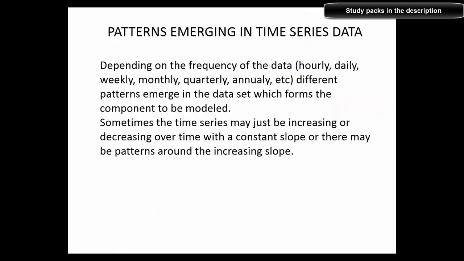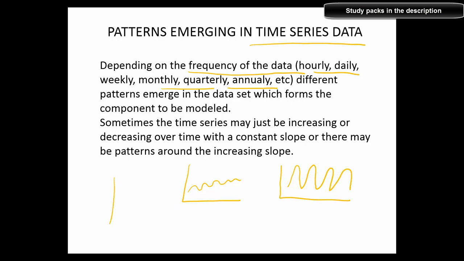All right. So what are the patterns that you can find in time series data? Depending on the frequency of the data, which could be hourly, daily, weekly, monthly, or quarterly, you can find different types of patterns in the data, and you can use that pattern to do forecasting. Sometimes your time series data could look like this, sometimes like this, sometimes it could be a straight line, sometimes very random, completely random.